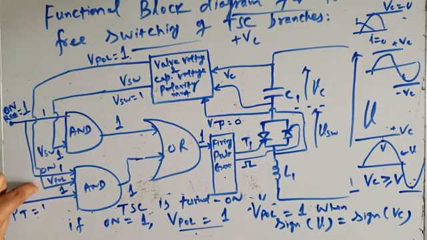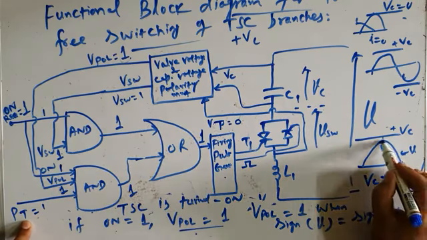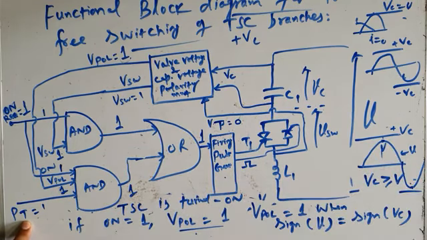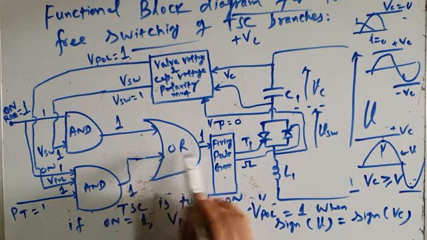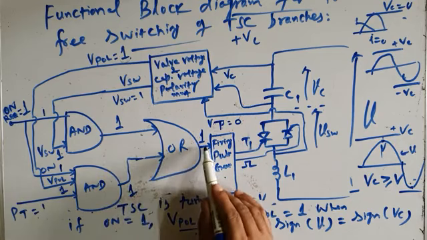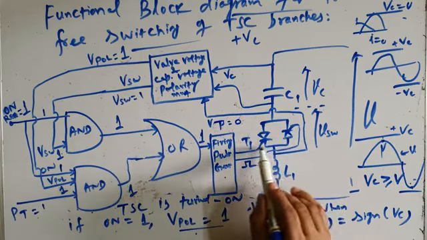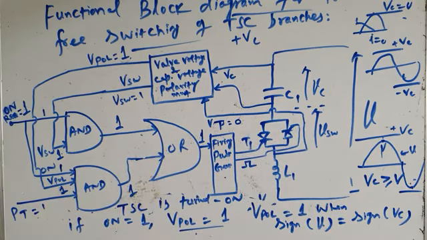On request is high, VPOL is 1, meaning that the capacitor voltage and the instantaneous applied bus voltage both have the same polarity, and PT equal to 1. PT will become 1 when the applied voltage or bus voltage has reached the peak, because the firing has to be done at the peak of the input voltage, and then the output will become high. And when this input of the gate becomes high, the output will be high, and it will issue firing pulses to both the switches of the TSC branch, and the TSC branch will turn on.